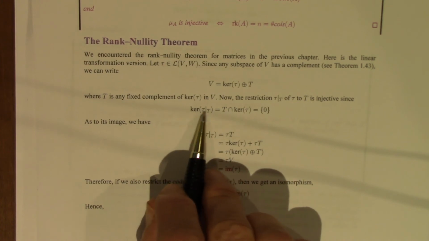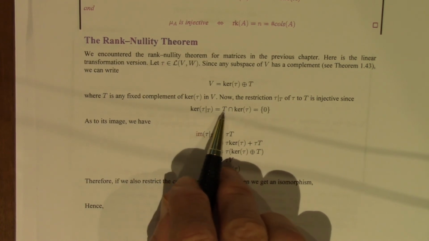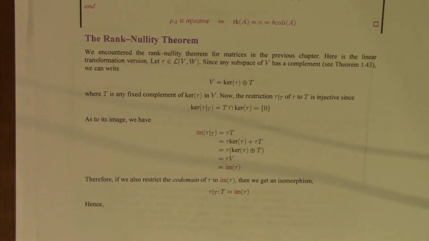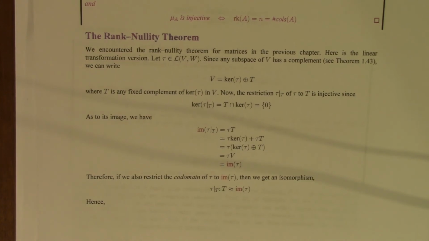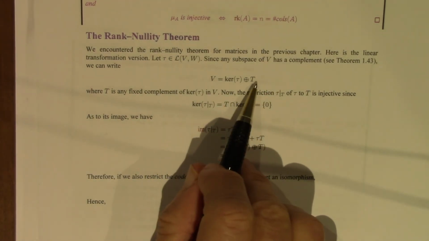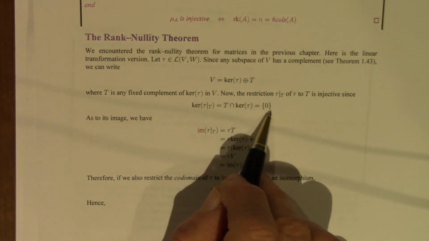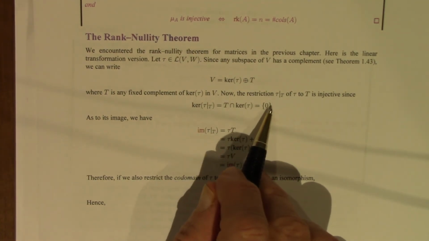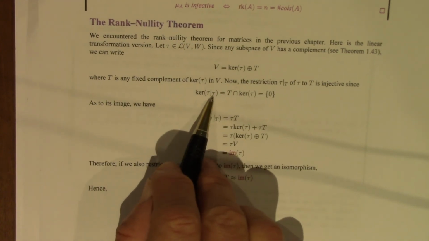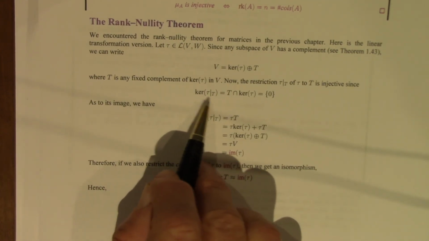So the kernel of the restricted map is the intersection of T and the kernel of tau. And since T is a complement of the kernel of tau, this intersection is trivial. So that makes the restricted map injective.